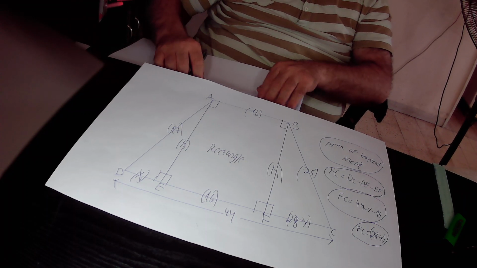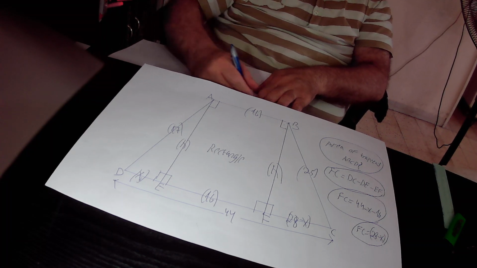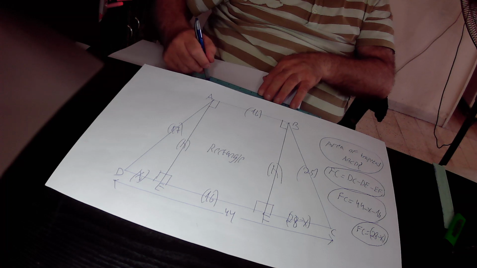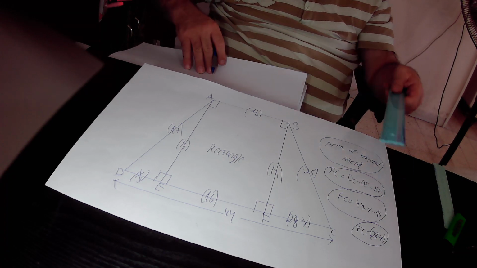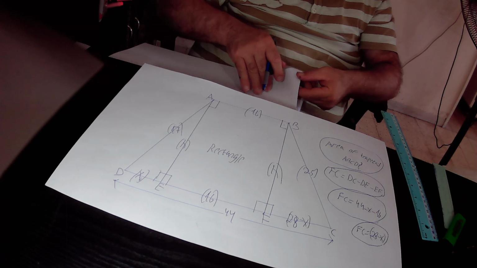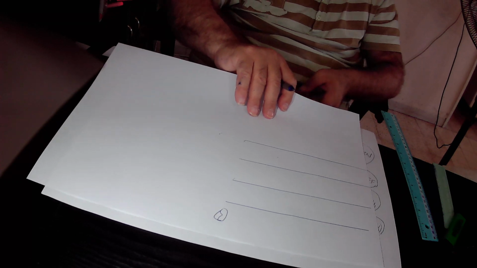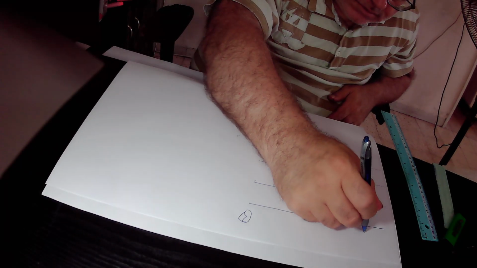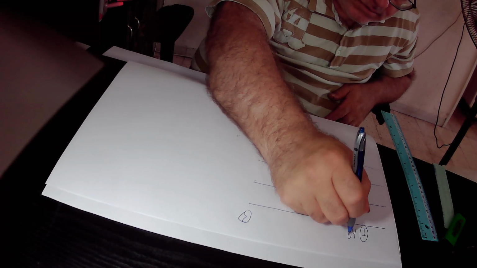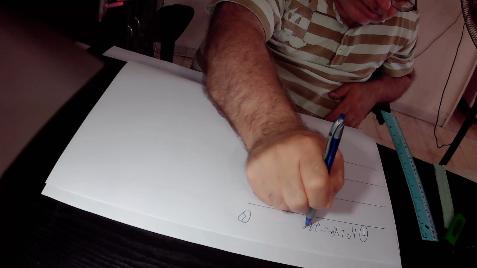And according to equation 1, we have only found out that x squared plus x squared equals 289.